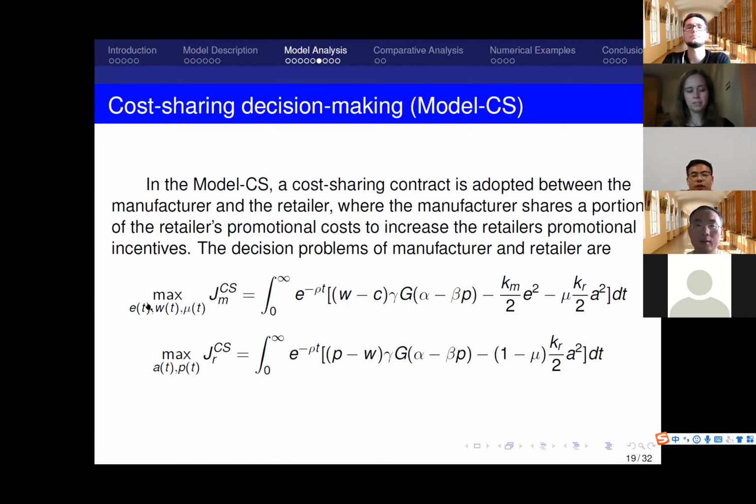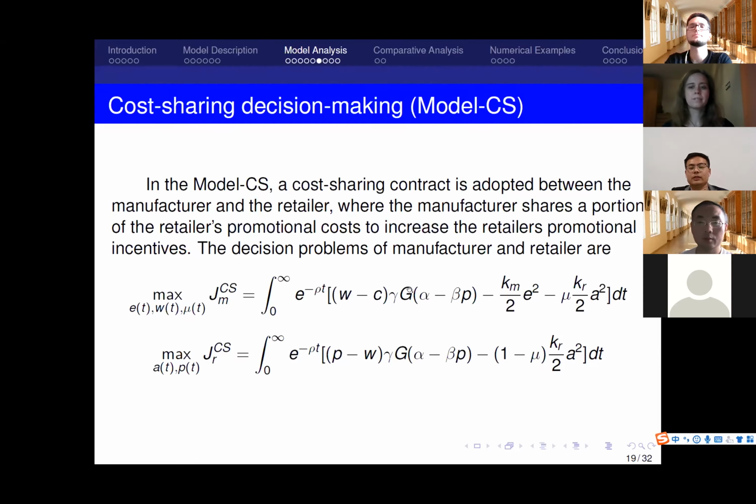For the manufacturer in model CS, here we have three design variables: E_t, omega_t, and mu_t, which is the share of the retailer's cost.